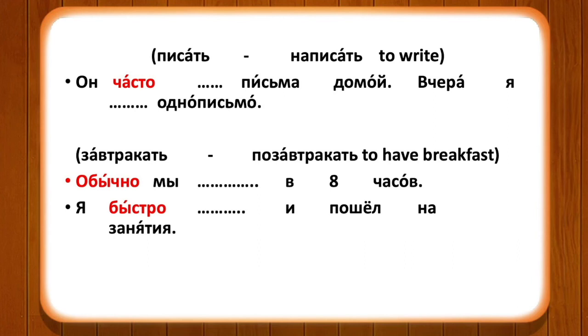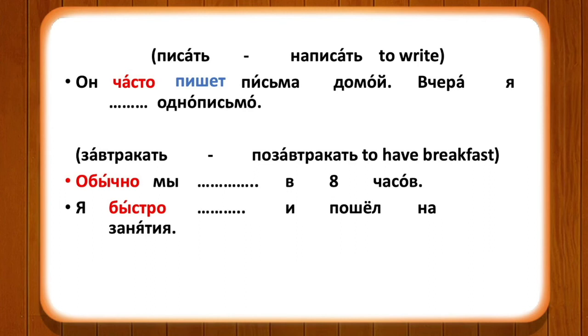In the next sentence, you have to use the verb писать, написать. Писать, написать means to write. Писать is the verb of imperfective aspect and написать is the perfective aspect verb. The sentence is он часто — письма домой.